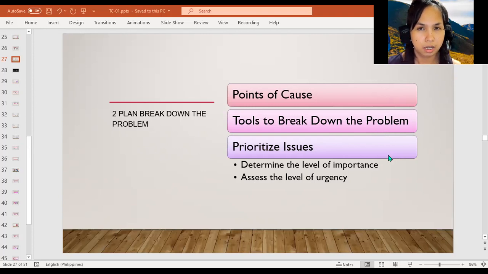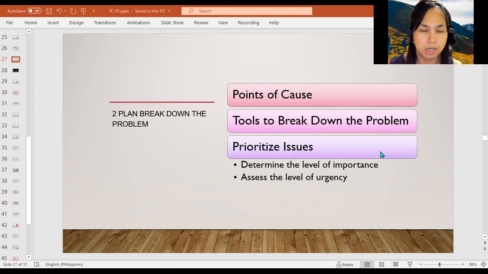Next is we prioritize the issues. Once you've really come to identify the primary points of cause, it's time to prioritize the problem. And to do this, there are some questions that will then help us prioritize what problems to attack first, and then second, and so on.